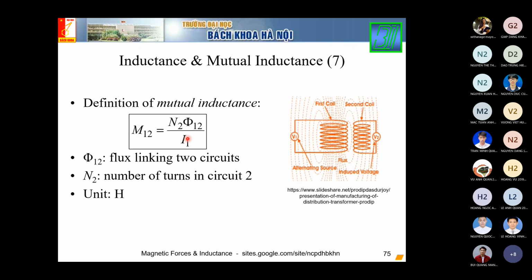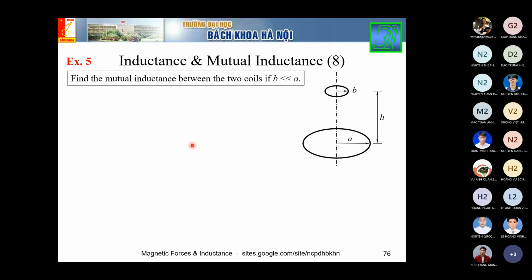I will illustrate that idea by doing the unique example for this session, this one. We have two circular circuits like this. They are parallel to each other, and the centers are on the same axis.